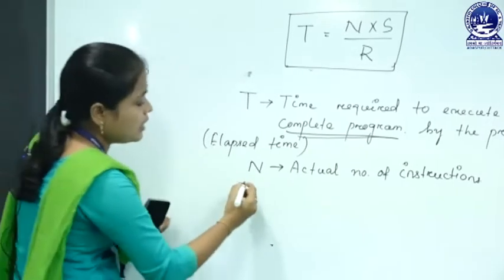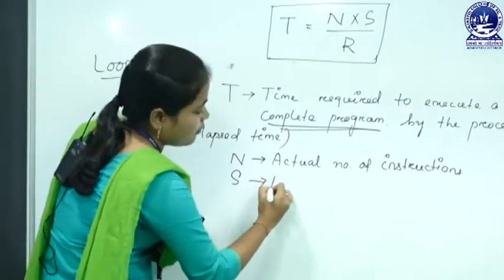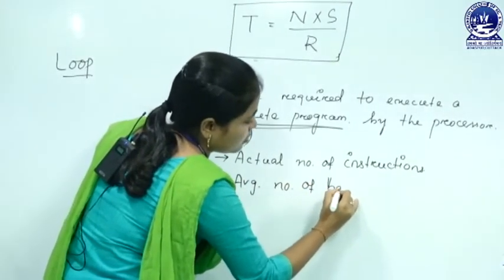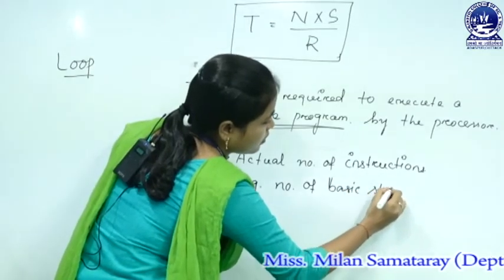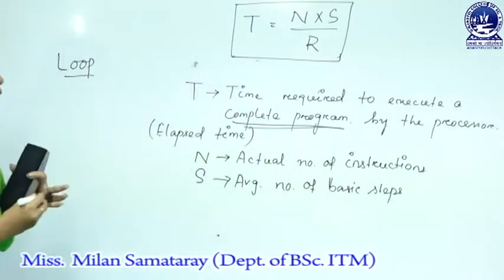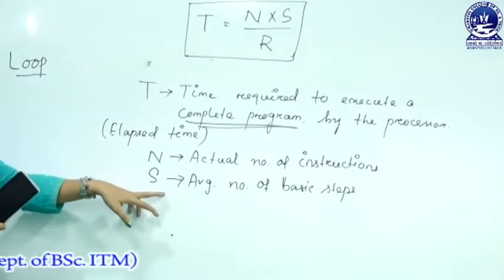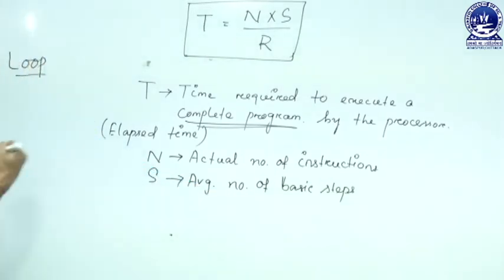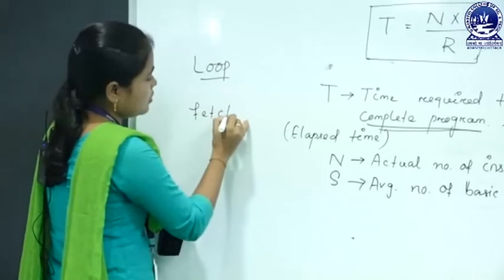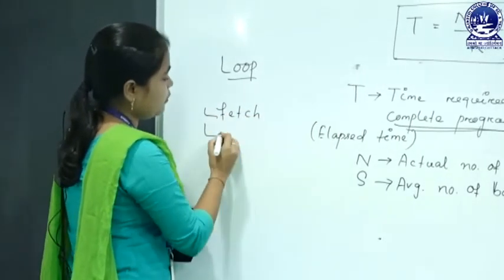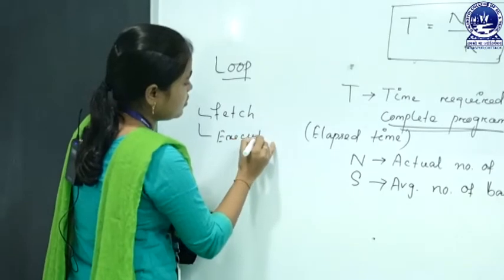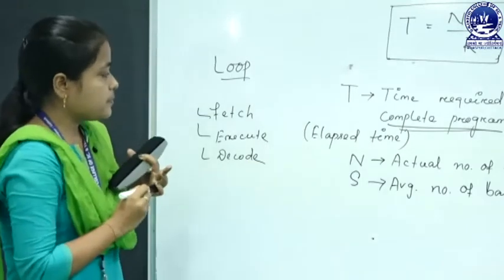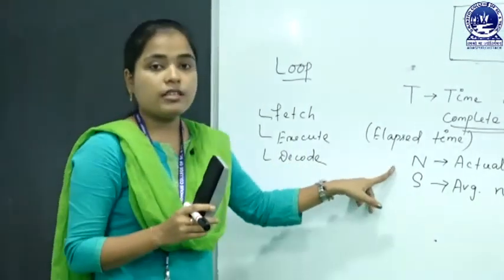So, N is the number of instructions which are actually executed. And S is the average number of basic steps. To execute an instruction there are a lot of steps. Let me discuss briefly: fetch, decode, execute. These are some phases or steps required to execute an instruction.